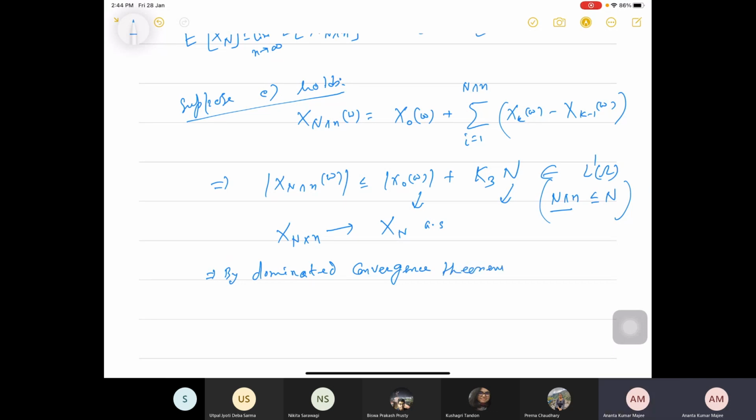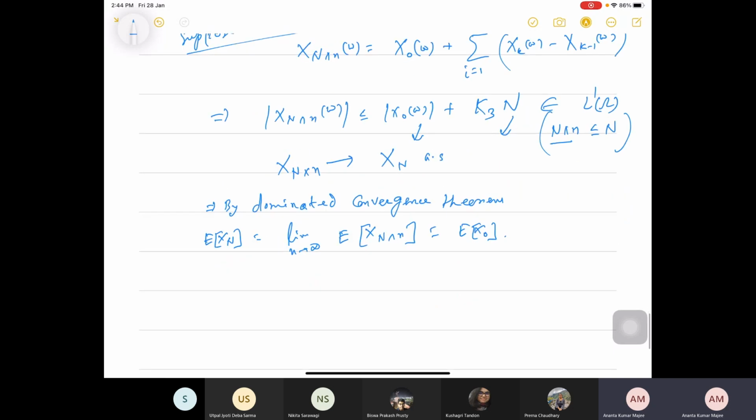Okay, so what I can say is that the expectation of X_N is equal to the limit as n goes to infinity of the expectation of X_{n∧N}. So this is nothing but my expectation of X_0, is it not? So this is the expectation of X_0.